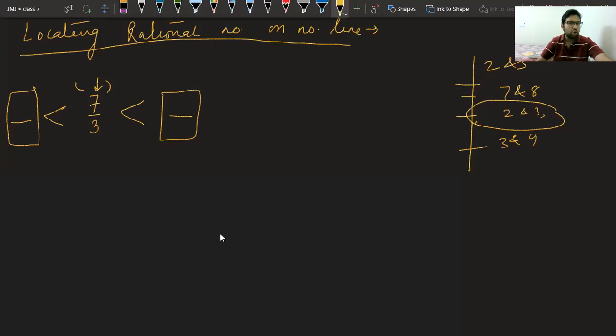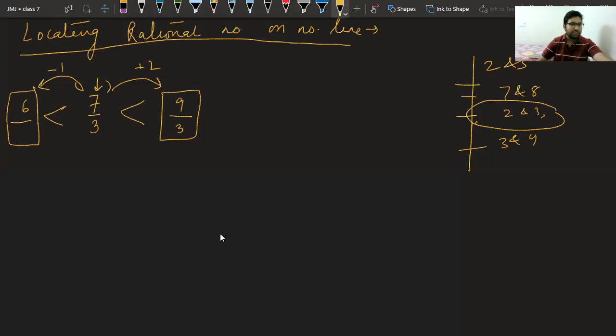Yes, it is 2. If you add 2 to 7, you will get 9 by 3. Similarly, what is the smallest number that you subtract from 7 so that it becomes divisible by 3? Yes, minus 1. Very good.